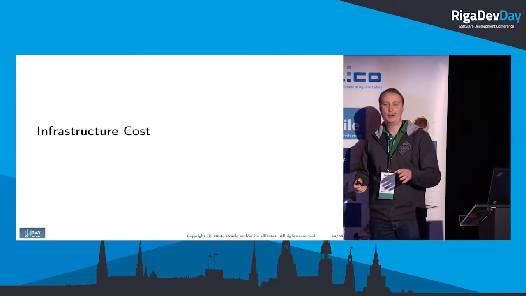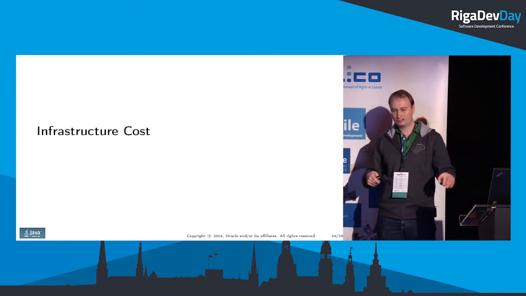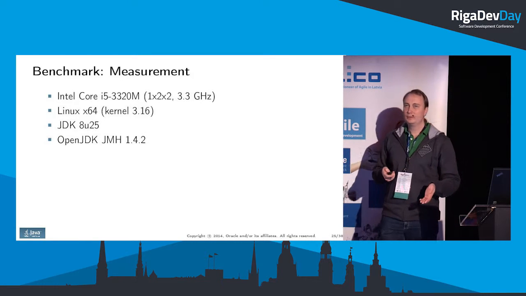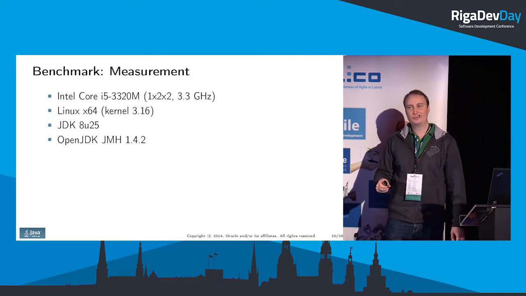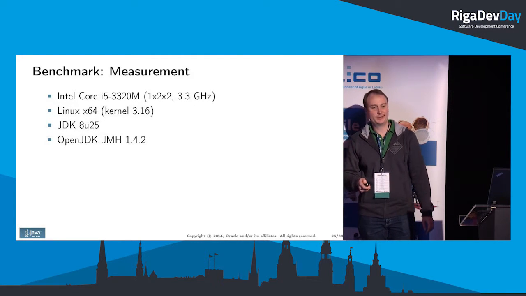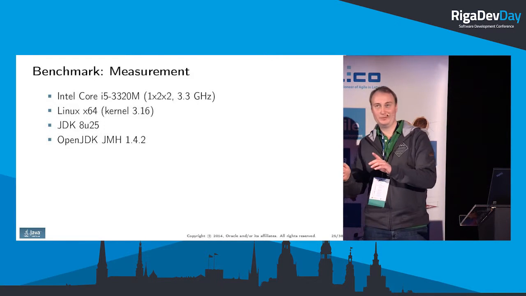I just did some trivial benchmarking on my machine. Here's the configuration. I used the JMH harness, so it's very well written and allows you to get correct results with your performance measurements. So please use it.